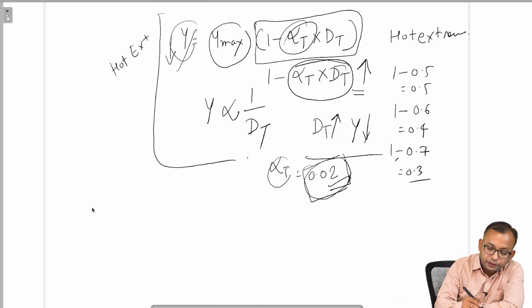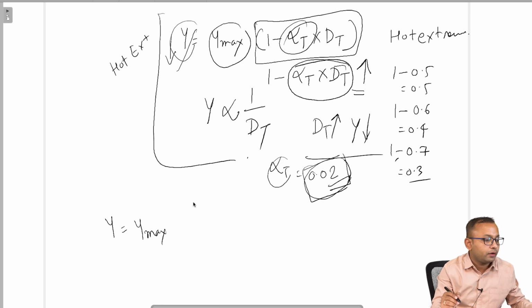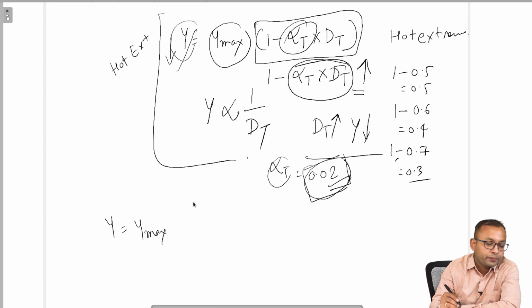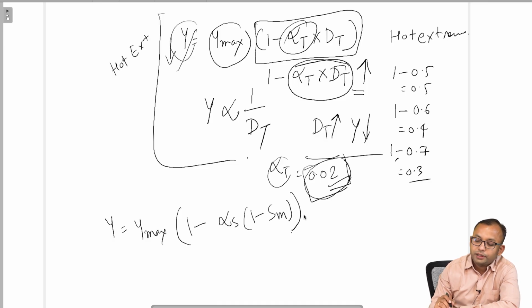Let us say if you further break it down, this equation for drought conditions, let us say this is Y max, okay, and for drought conditions we can say this is, let us say, 1 minus alpha s, 1 minus Sm, okay. So this is a drought condition equation.